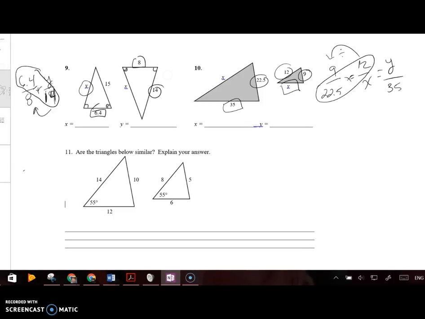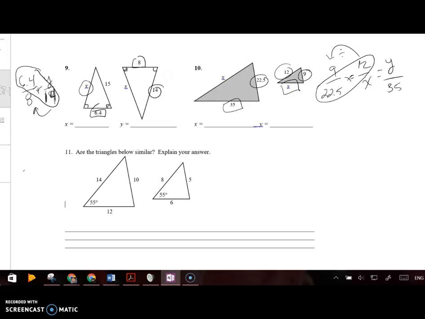Again, you can just cross multiply, divide to figure out your x. Do the same thing for y, but to figure out y, we do 9 times 35 divided by 22.5 will give us y.